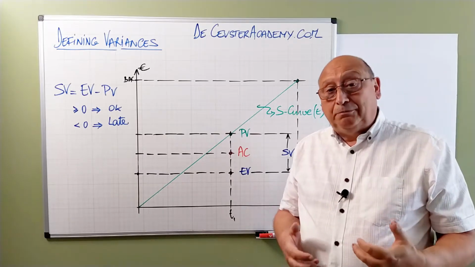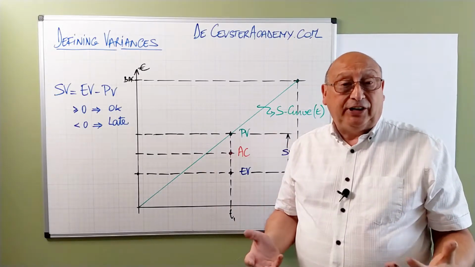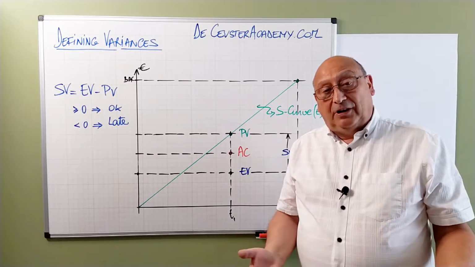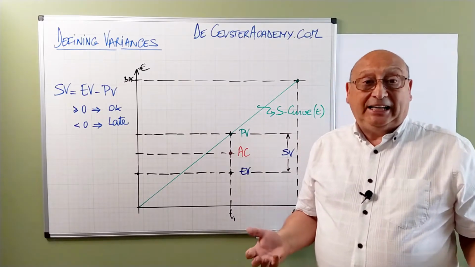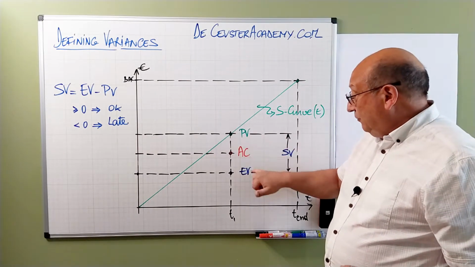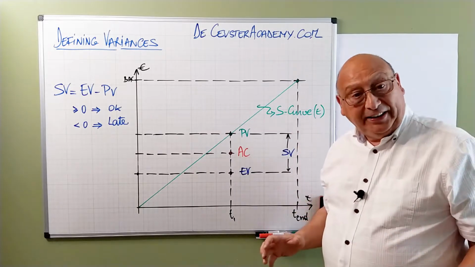In order to be able to compare everything, we put everything in monetary parameters, like we multiply all of those deliverables with their estimated cost. We have the same parameters, planned value and earned value, and this difference is the schedule variance.